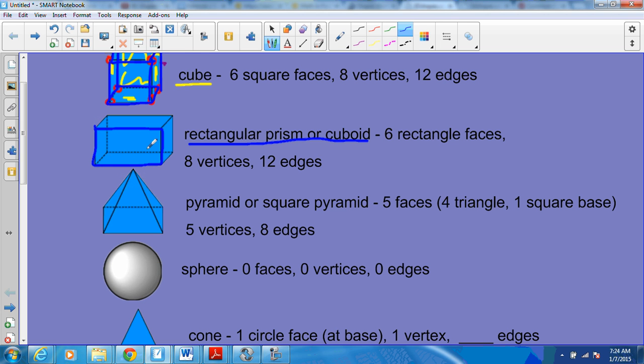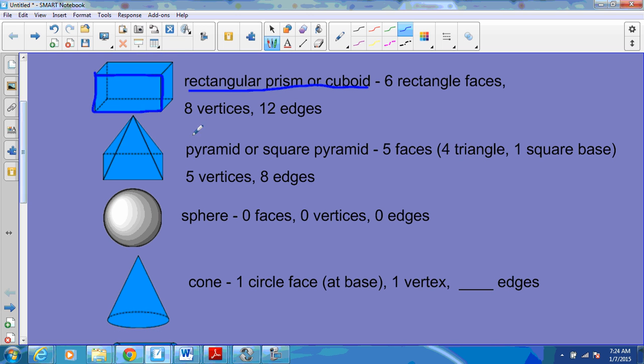Here we have a pyramid. You might hear it called a pyramid or square pyramid because the base of it is a square. A pyramid has 5 faces, 5 vertices, and 8 edges.